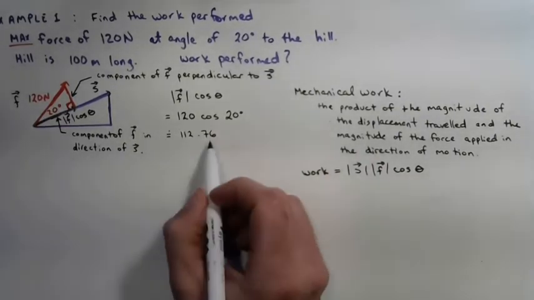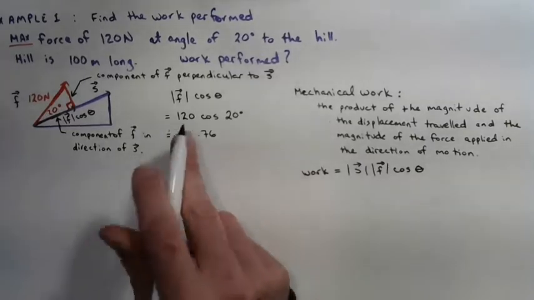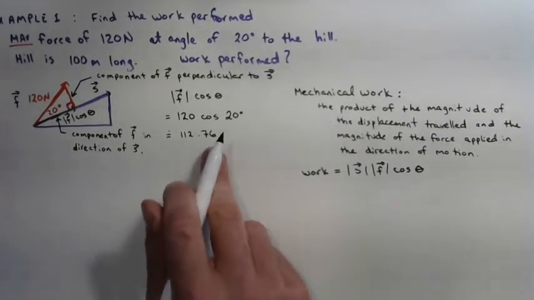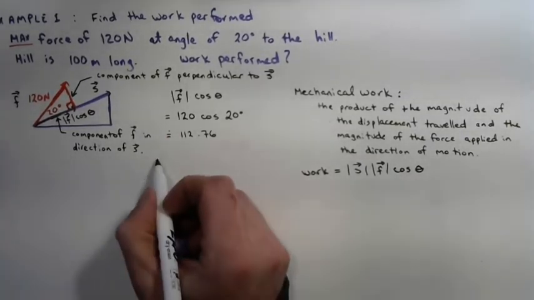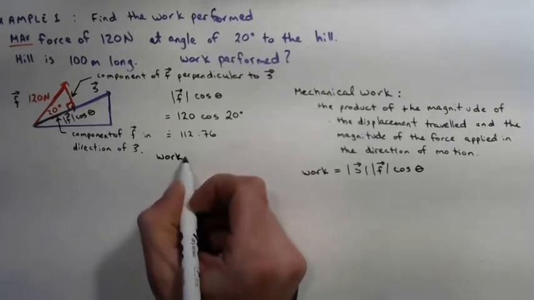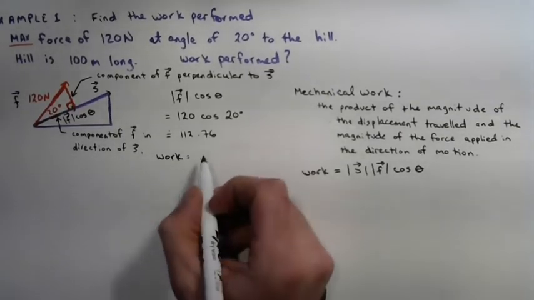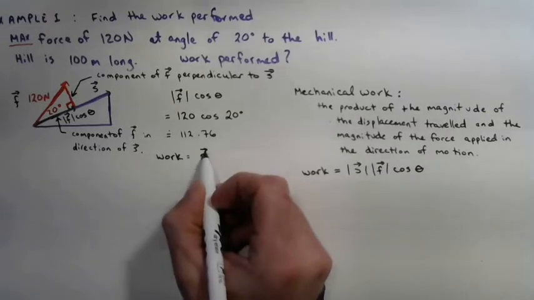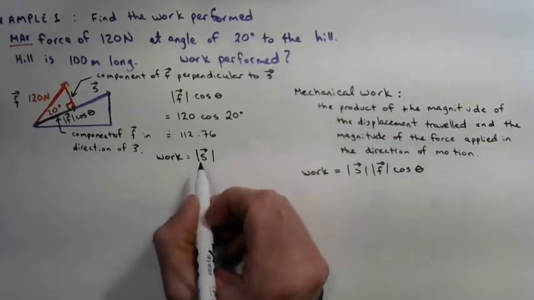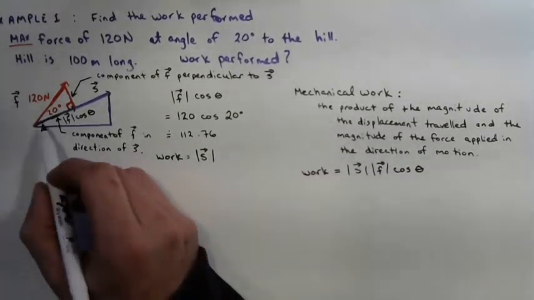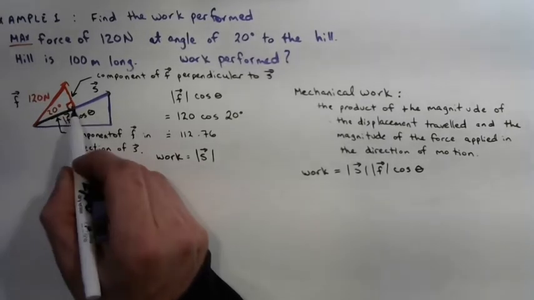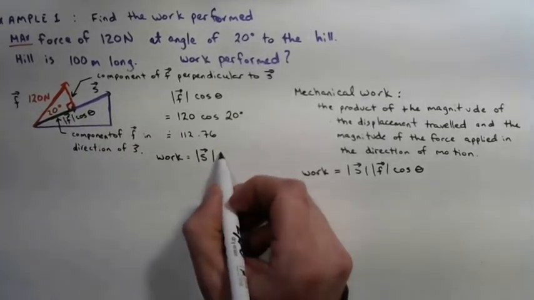Now we've done one part of that. I didn't need to necessarily figure it out and get this value, okay? Probably just erase that, because now we want to talk about the work being done. Well, the work being done is the magnitude of the displacement vector times the length of this component vector.